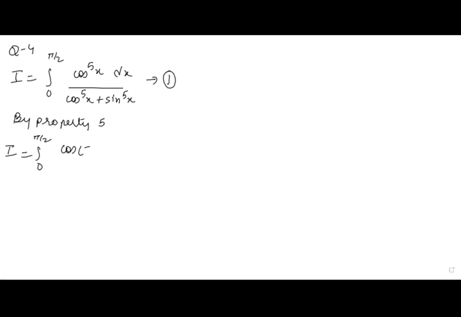So cos of (pi by 2 minus x) whole raised to 5, not square, plus sin of (pi by 2 minus x) whole raised to 5, dx.